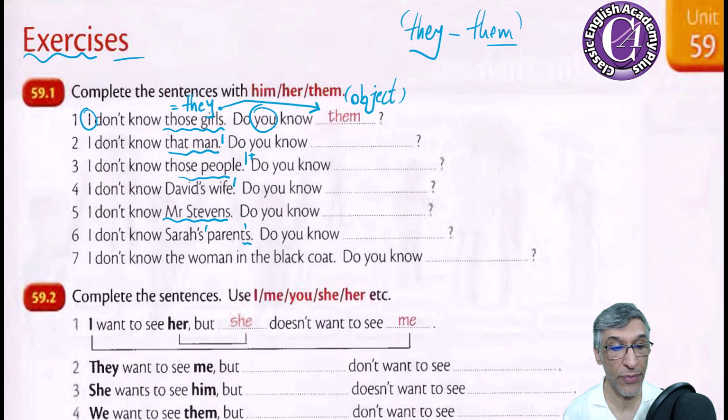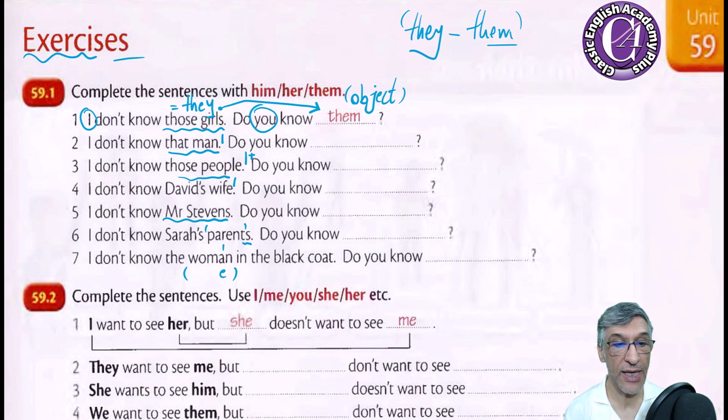I do not know the women in the black coats. The women is the thing or the person that is the object that we are going to repeat in the second sentence. Okay, the woman is, of course, one. The women with E is the plural of the woman. Woman, women.